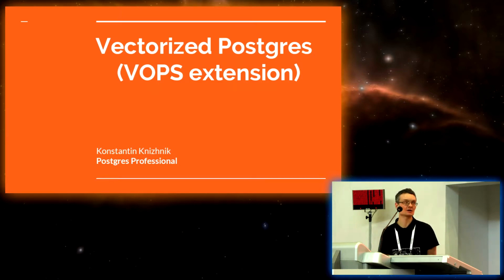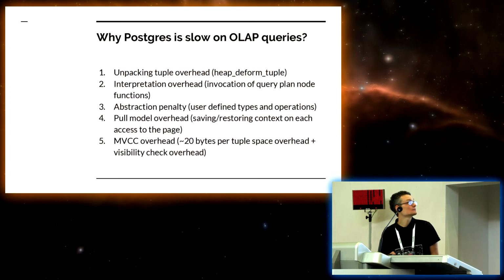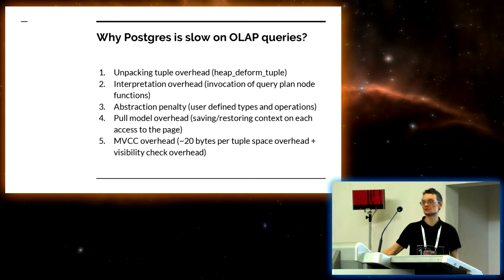Databases specially dedicated to analytical query processing, like Vertica, outpace Postgres by an order of magnitude. Why does it so happen? Why does Postgres process OLAP queries pretty slowly?